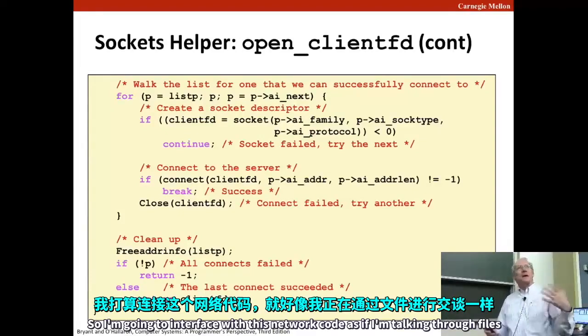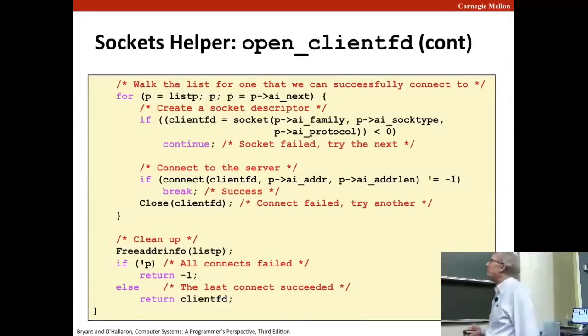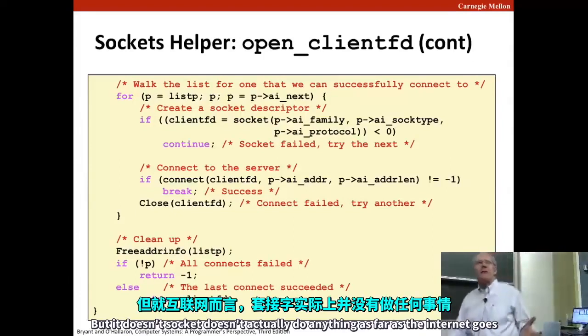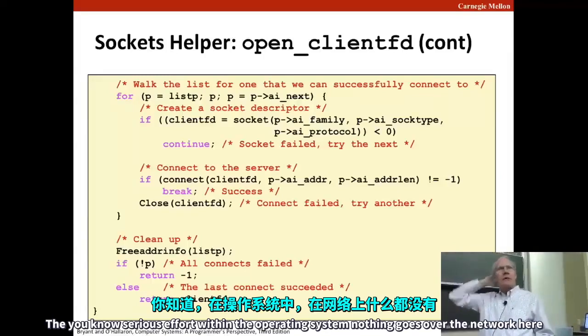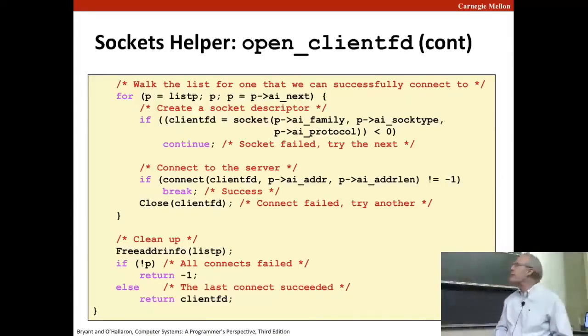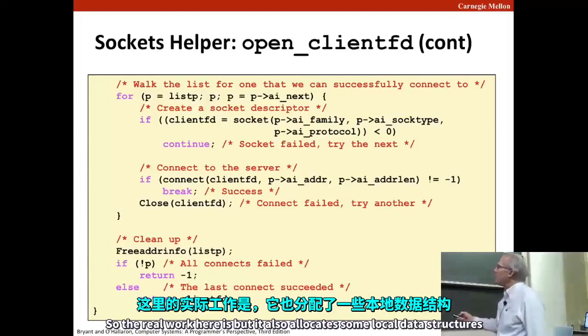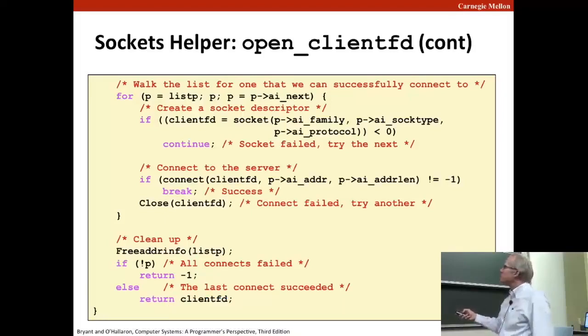And so I'm going to interface with this network code as if I'm talking through files. But socket doesn't actually do anything as far as the internet goes. Nothing goes over the network here. It just allocates some local data structures.